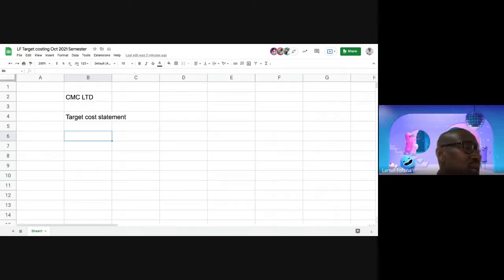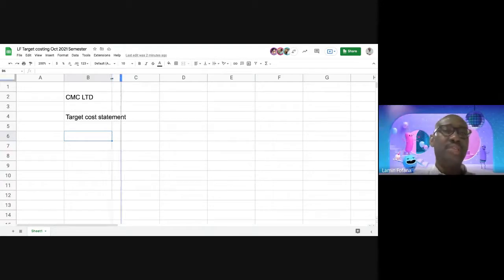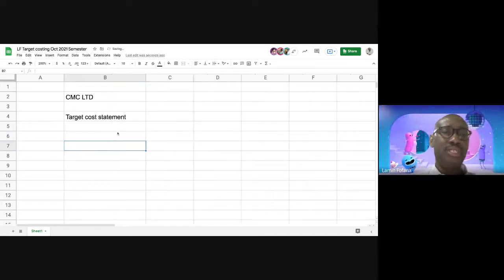You are required to calculate the target cost, the cost CMC is going to use in order to produce their new car. I hope it's clear. Okay, so we're going to expand this a bit and then start using it here. The first thing is we have our selling price, so we have our target selling price.